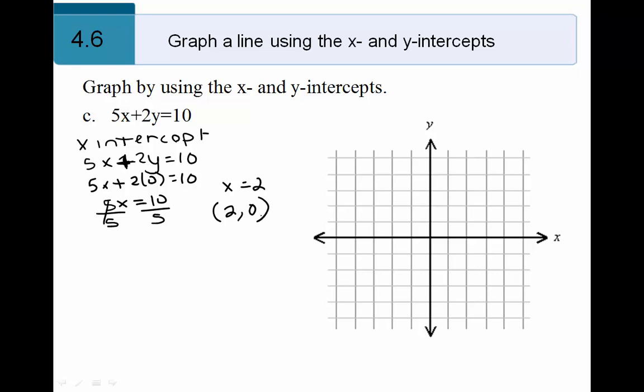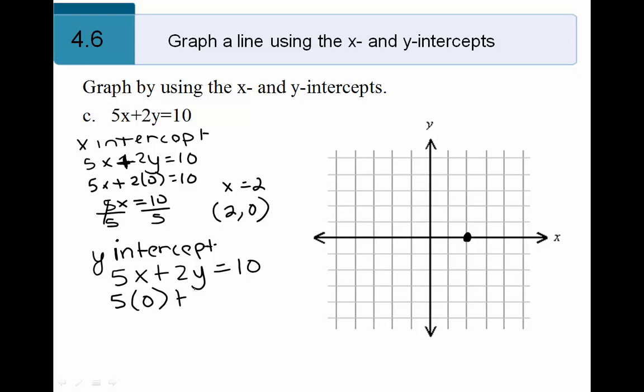So on my graph, I'm going to go right 2, up or down 0. There's your x-intercept. Now I need to find my y-intercept. 5x plus 2y equals 10. I'm going to have 5 multiplied by 0 plus 2y equals 10. 5 times 0 is 0.